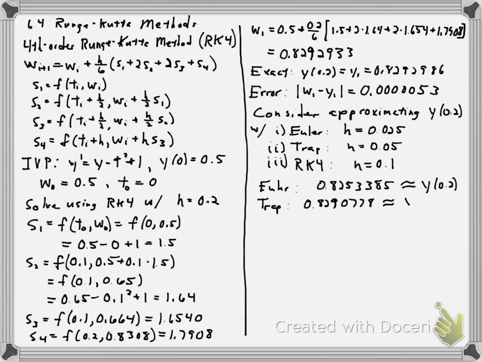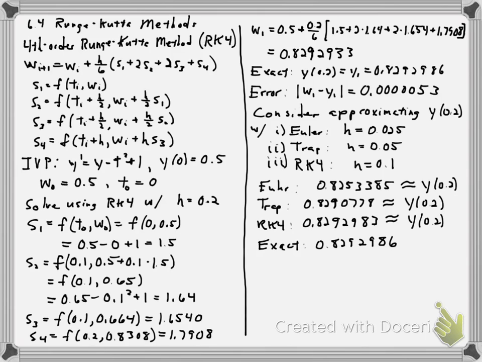This is an approximation of y of 0.2. As we've just seen, Runge-Kutta fourth order. Well, actually, we didn't just see it, but if we use Runge-Kutta fourth order, the approximation is 0.829293. This is an approximation of y of 0.2. What was the exact? Well, if you recall, exact is 0.8292986.